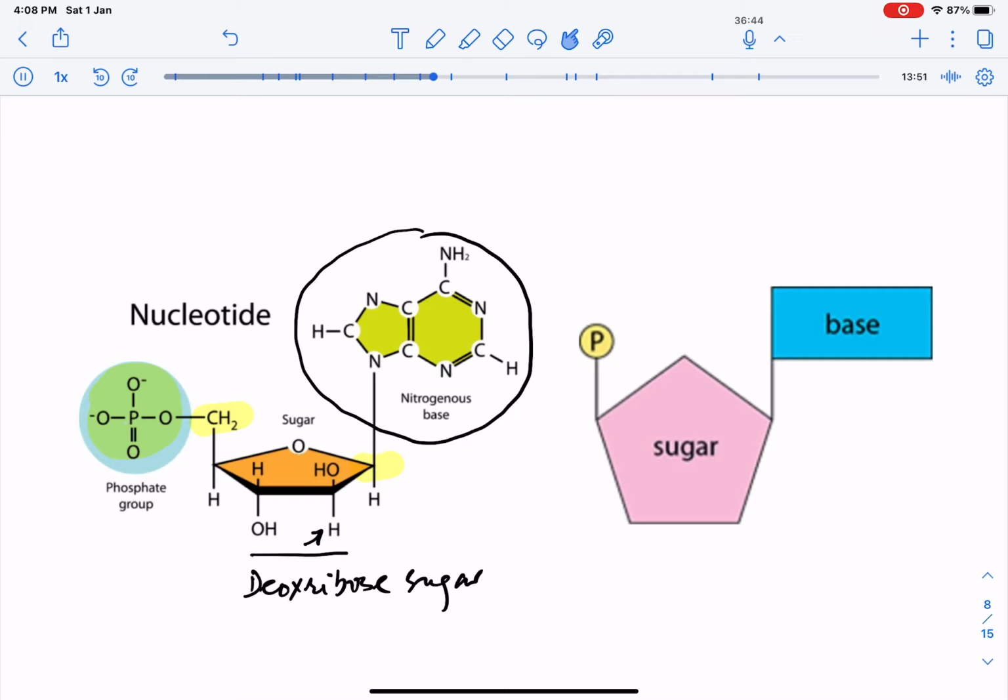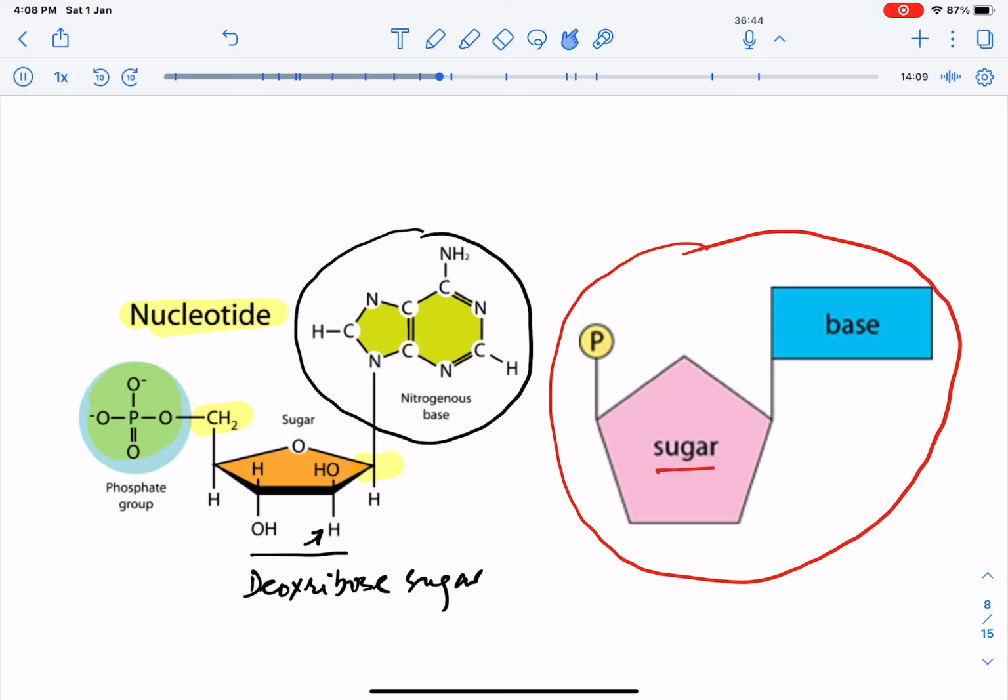So this makes a nucleotide. You don't need to know this structure. However, you should know that this nucleotide has a sugar with a nitrogen base on one side and a phosphate group on the other side. We can represent this phosphate group with simply P.